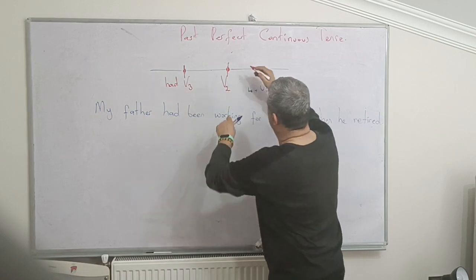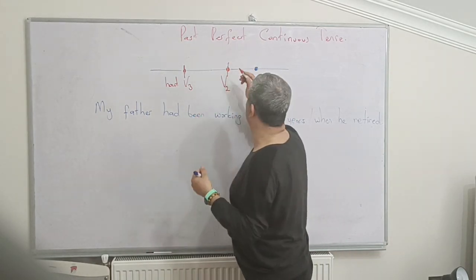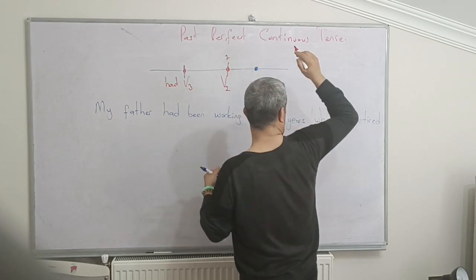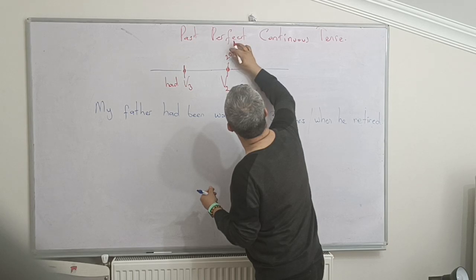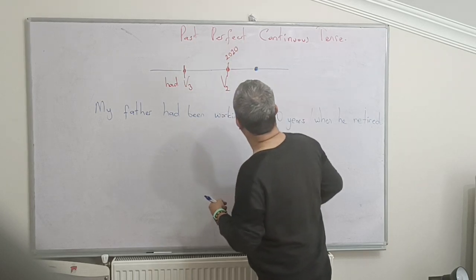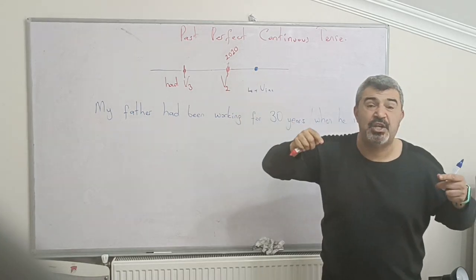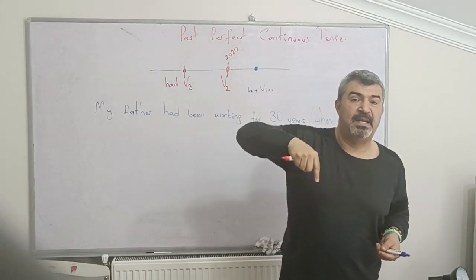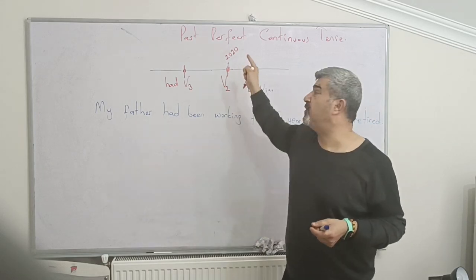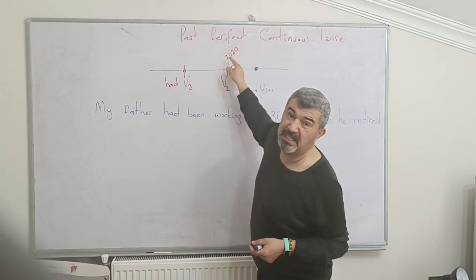My father retired here. When did he retire? Let's say my father retired in 2020. An action happened in the past. And what was past perfect? Past perfect was another action that occurred before that past action.